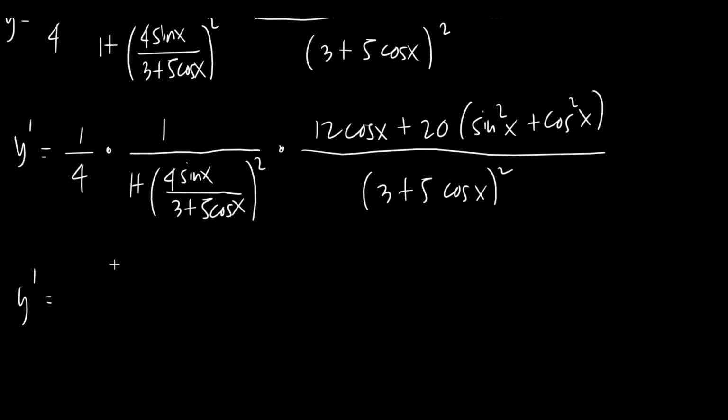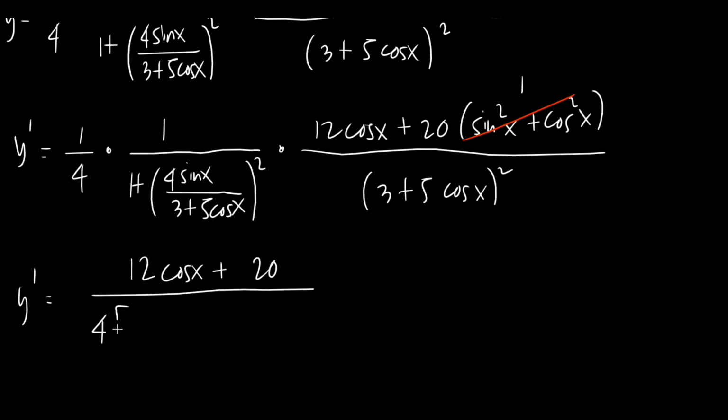So we have 12 cosine of x plus 20. So this one will be cancelled. It is just equal to 1. So 12 cosine x plus 20 all over 4.